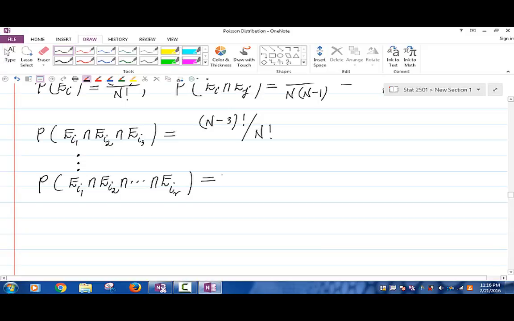So the number of ways r of the men can keep their hats is the following. The remaining hats can be rearranged in any order, so it is n minus r factorial, divided by the total number of rearrangements of n hats.